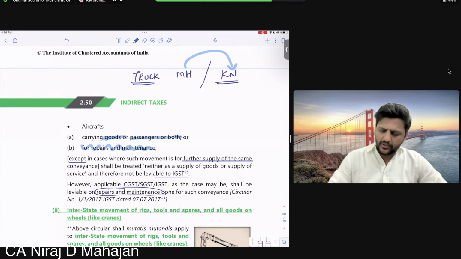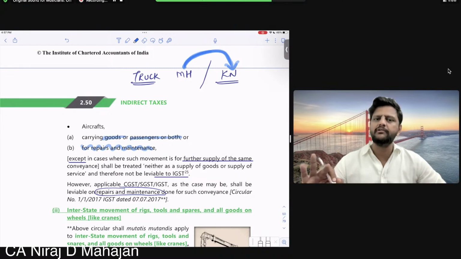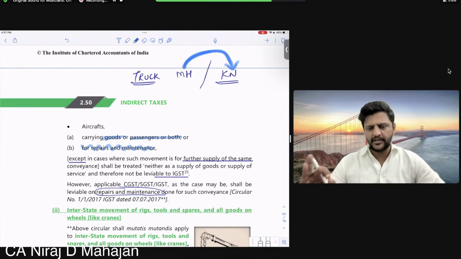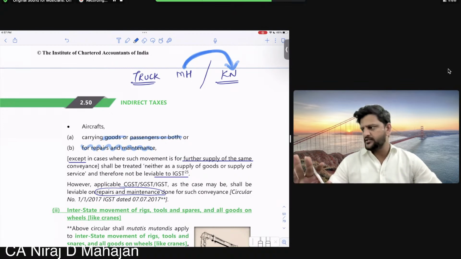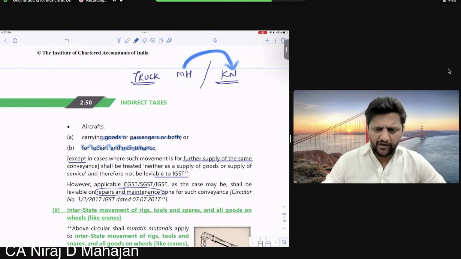So whenever it is going outside the state, at state borders they will be checking. Or you will understand later on also, every commercial vehicle moving in India today is registered or notified to the GST department about what goods are getting transferred, or why this vehicle is moving from one location to another.